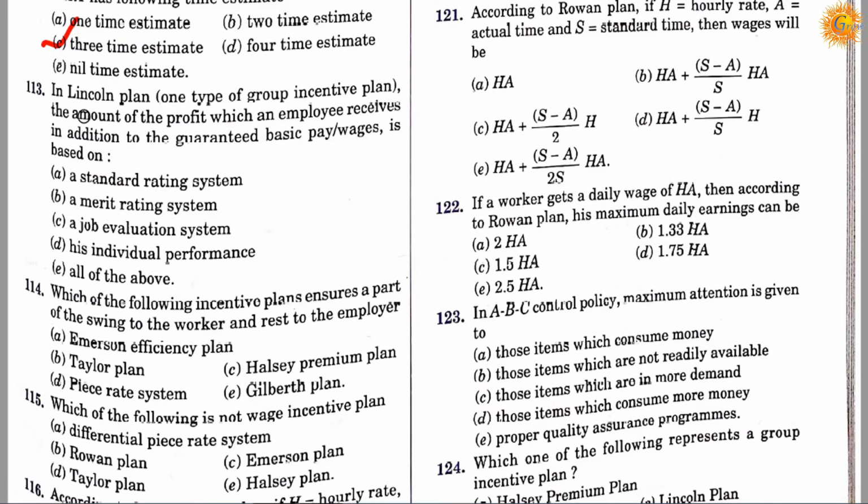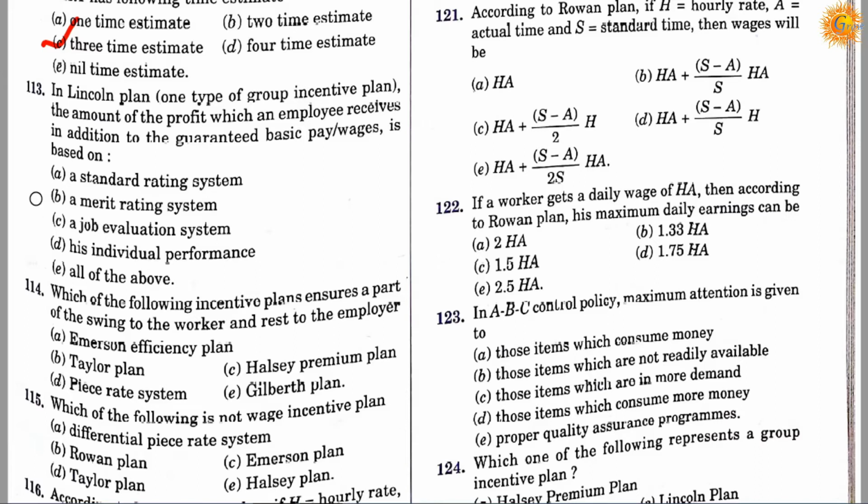Question number 113. In the Lincoln plan, one type of group incentive plan, the amount of the profit which an employee receives in addition to the guaranteed basic pay or wages is based on option A, a standard rating system, option B, a merit rating system, option C, a job evaluation system, option D, individual performance, and option E, all of the above.